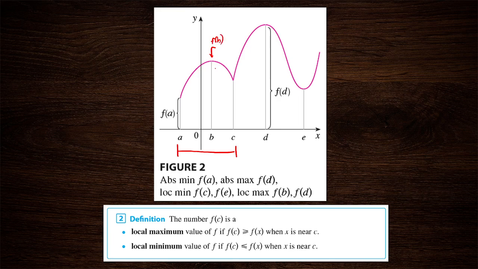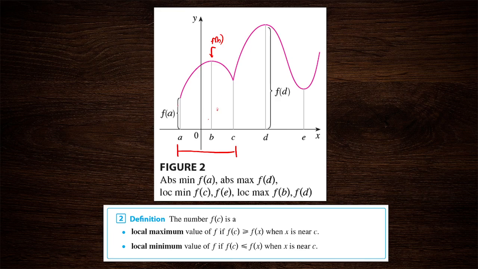However, since we are just closing the interval on this part of the curve, we know there is a much greater value, which is f of d. So the correct term for this one would be local maximum, because it is the highest value in the given interval, but it's not totally the maximum value. We're just considering it the maximum because we are limited to the given interval.